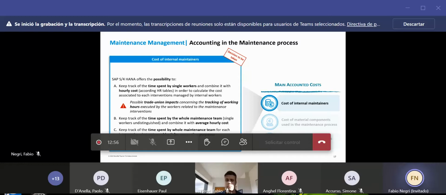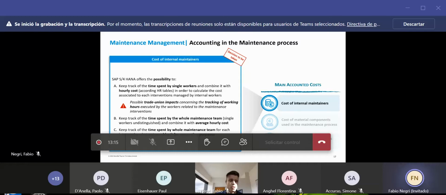The result is more or less the same, because we are considering an average. This is something that usually is not complained about by the trade union, because we are not monitoring the single person, and this can be a good trade-off.